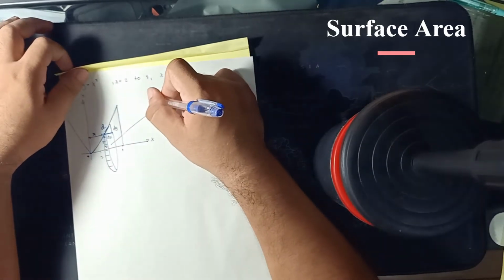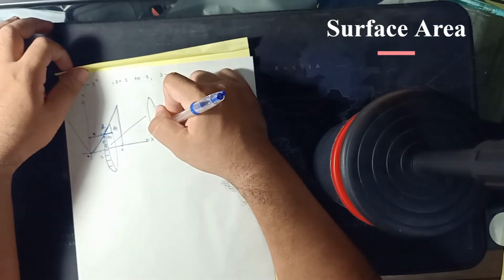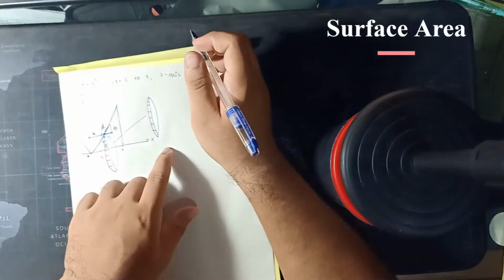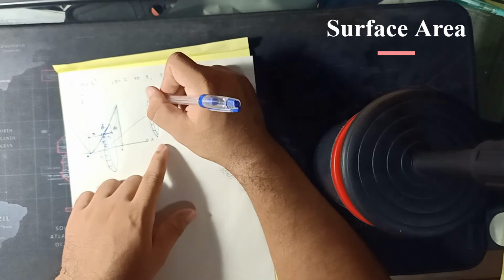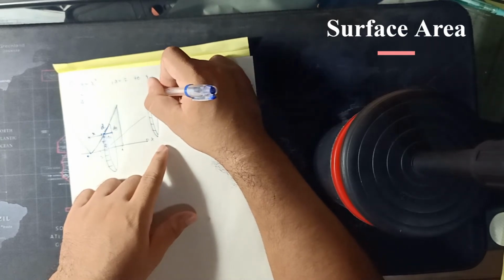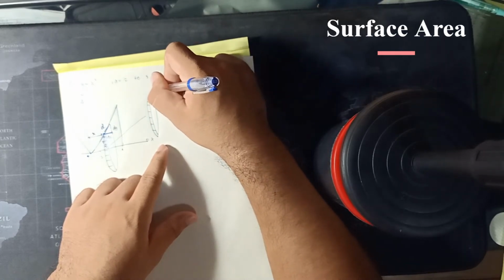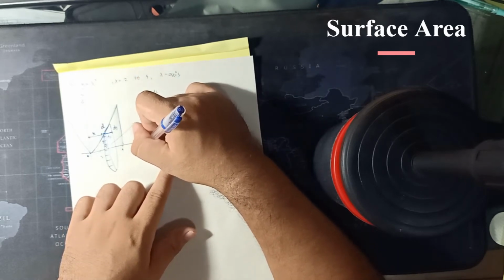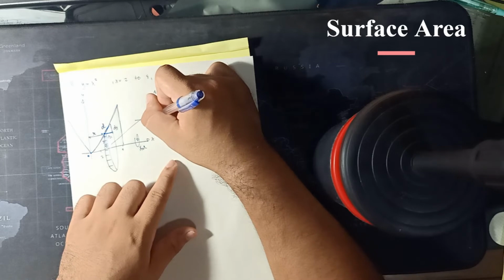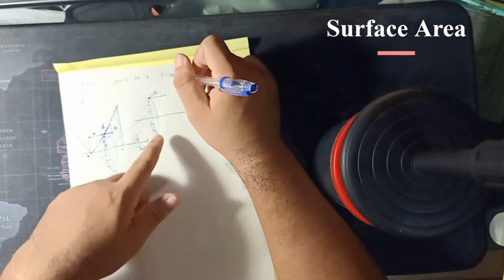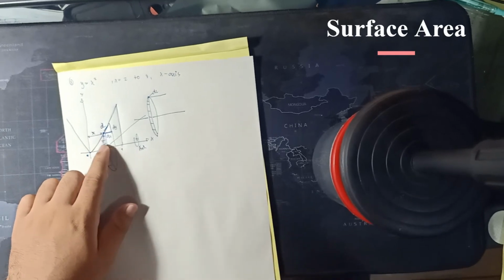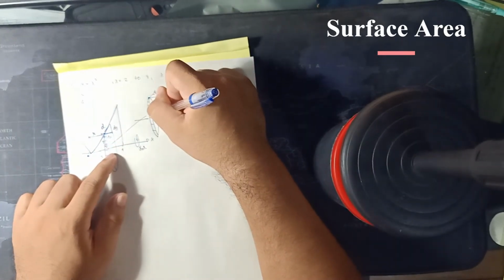So if we put this outside here, if we copy your strip, this would be your dL, and because your axis of rotation is on your x-axis, from the illustration, from that point here, this would be your y.